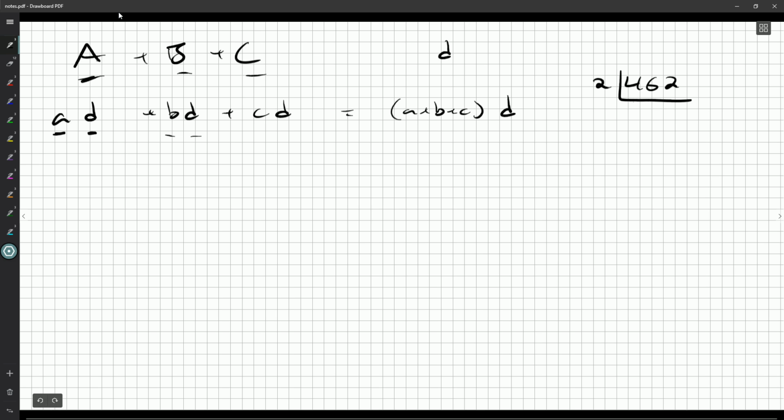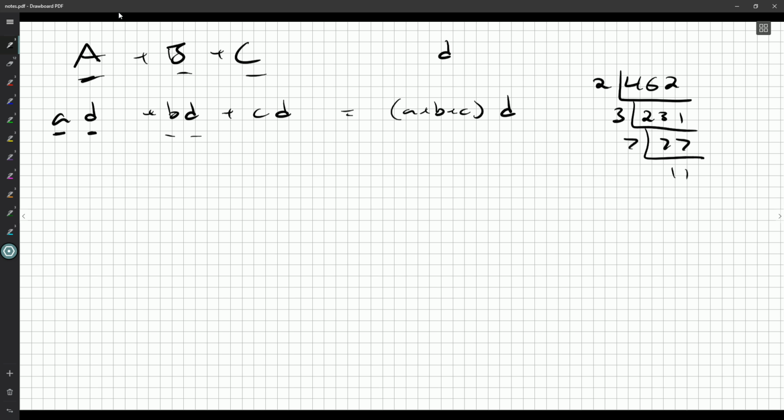Well, you divide by 2, and that'll be 231. Divide that by 3, and that'll be 77. So we get 3, 7, and 11. So we can actually start listing out possible factors. We're not that concerned with listing out all possibilities.